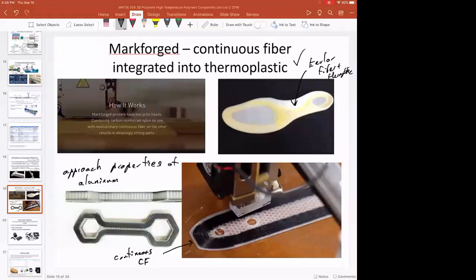And if you look very closely, you'll notice that you have layers of fiber and then layers of plastic. And so this is still an additive process where you have to build up the material layer by layer. And in the Markforged system, you can't deposit both fiber and plastic in exactly the same place.